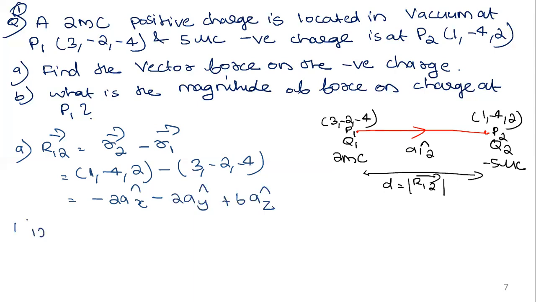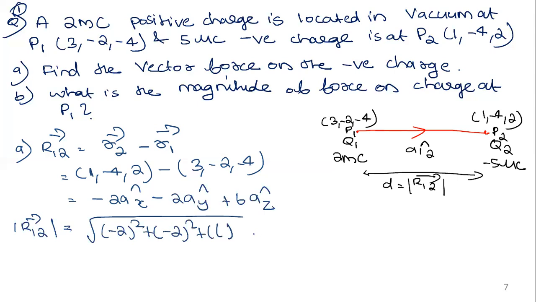Now you find the modulus. So now you might have understood how important the basics are. Root of minus 2 square plus 2 square plus 6 square is equal to 6.633. Now just directly substitute and find the force. Find the force on the negative charge, so F2.